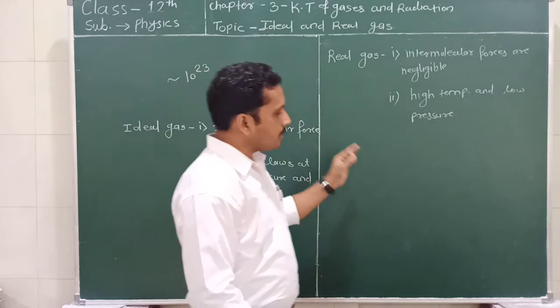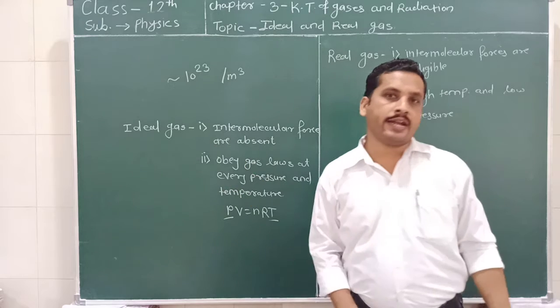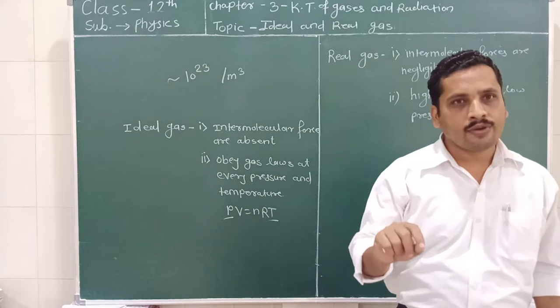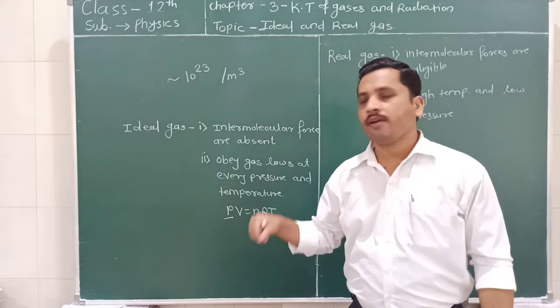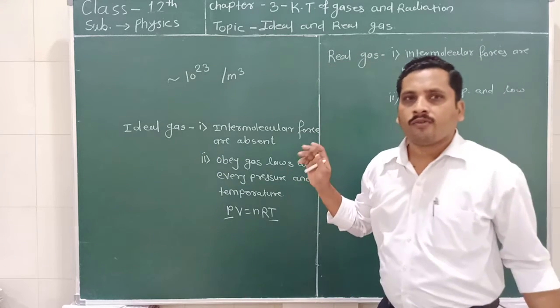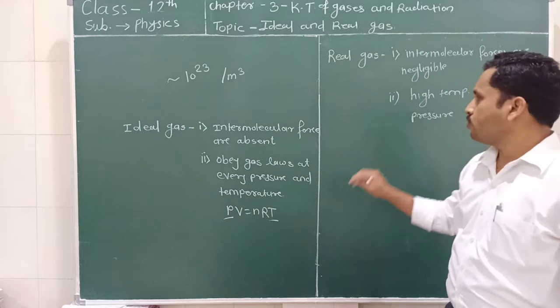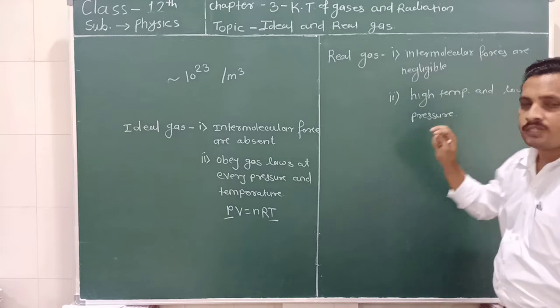We also stated that no gas in nature is an ideal gas. But if we take a real gas and we need it to behave like an ideal gas, what should we do? We should raise the temperature and lower its pressure.